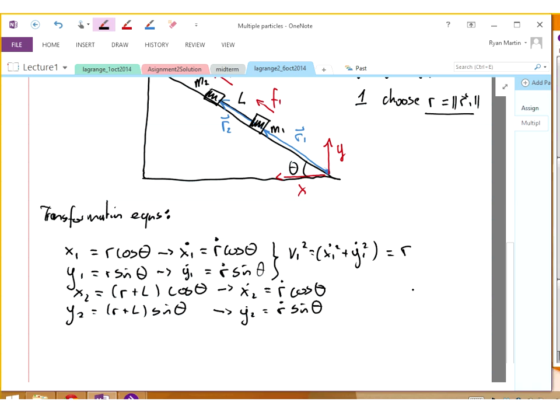Similarly, v2 squared is also equal to r dot squared.